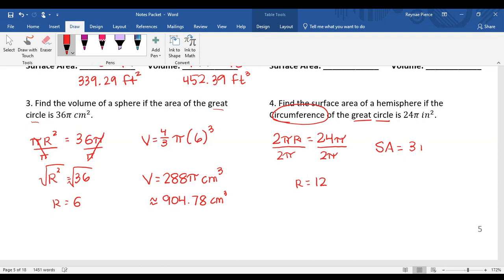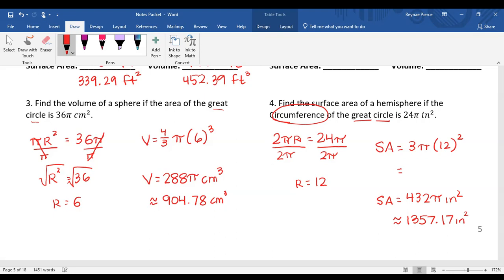So we're going to take 3 pi times that radius we just found squared. 12 squared is 144. 144 times 3 gets us an exact surface area of 432 pi, but an approximate surface area of 1,357.17.